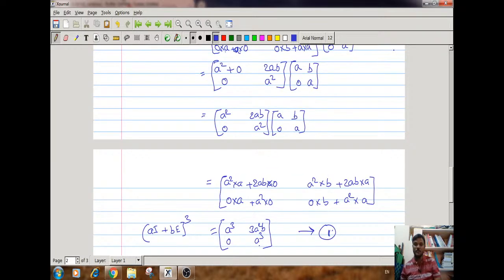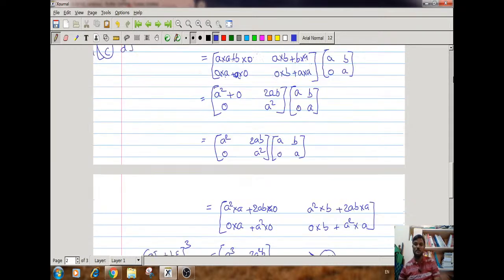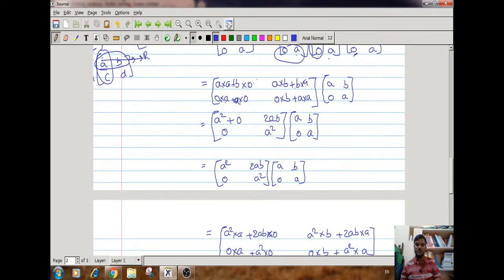So here if you observe, A into A is A square, plus B into 0 means 0. That means A square. Then A into B, AB, and B into A, AB, AB plus AB is 2AB.